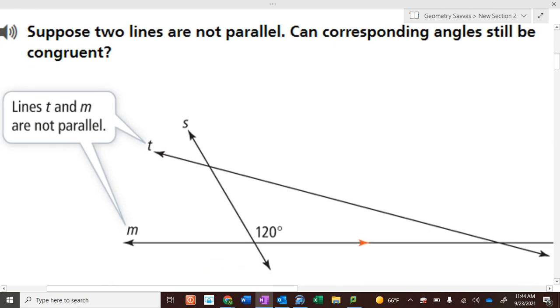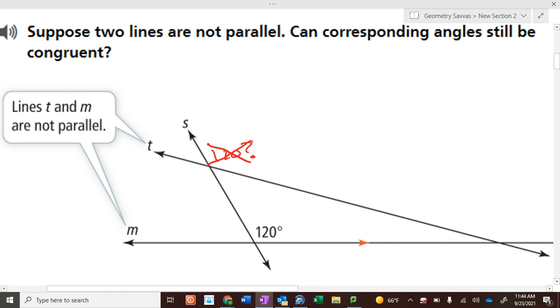Then the teacher asks, well, we have two lines that are not parallel. Is this angle 120 degrees as well? Can it be 120 degrees? Just because it's obtuse doesn't mean that it has to be 120. And the answer is no. This angle cannot be 120 degrees.